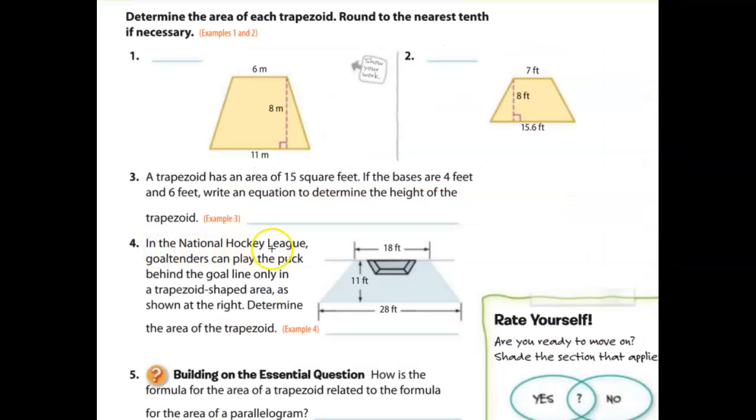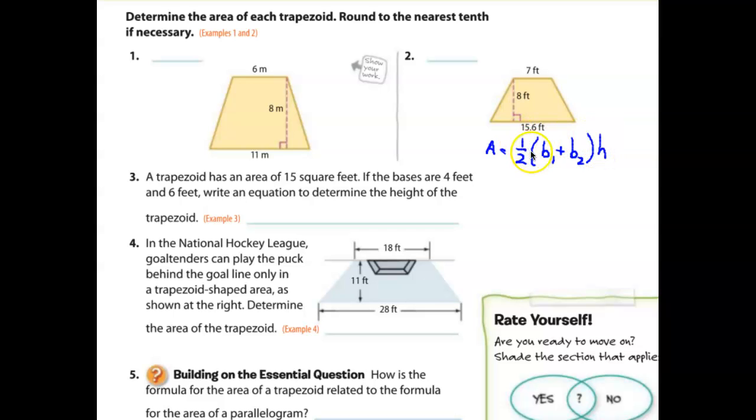Okay, in the National Hockey League, goaltenders can play the puck behind the goal line only in this trapezoid-shaped area shown to the right. Determine the area of the trapezoid. So the first thing I have to do is remember that the area is equal to 1/2 base 1 plus base 2 times h.